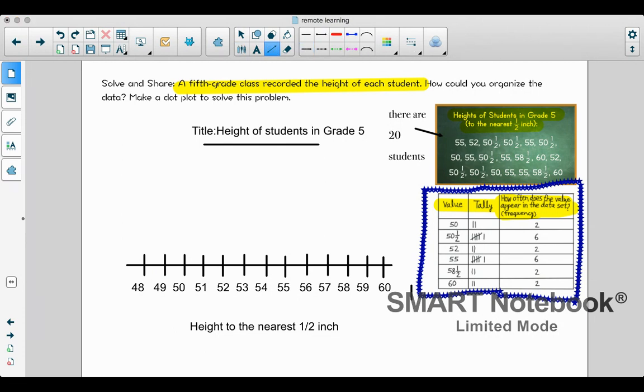Well, some of my measurements are not whole numbers. We have 50.5 and 58.5. So we're going to use a red pen for that.